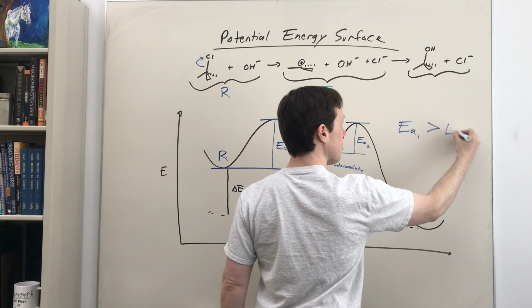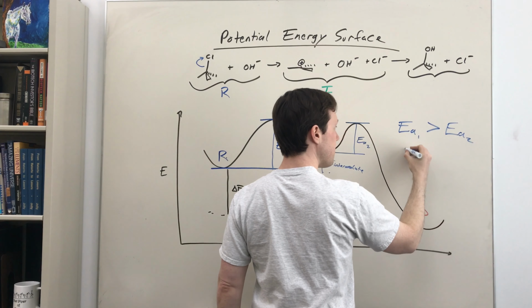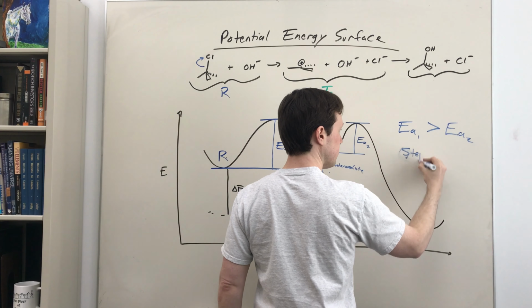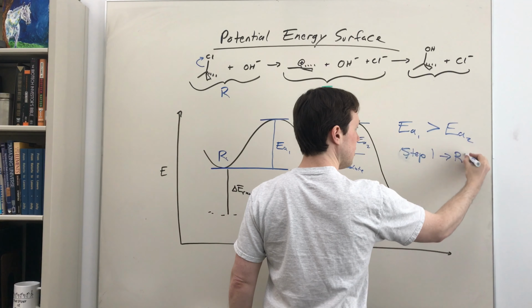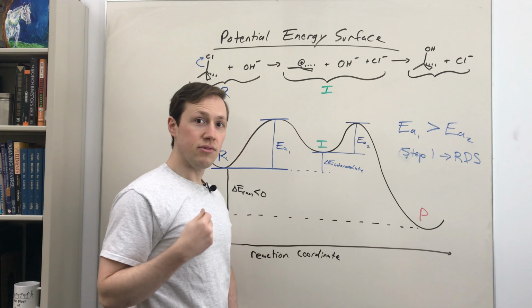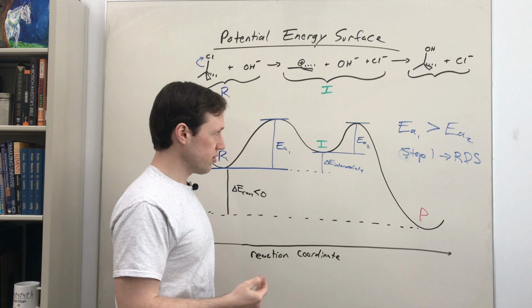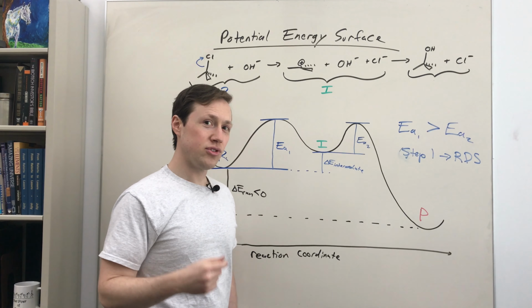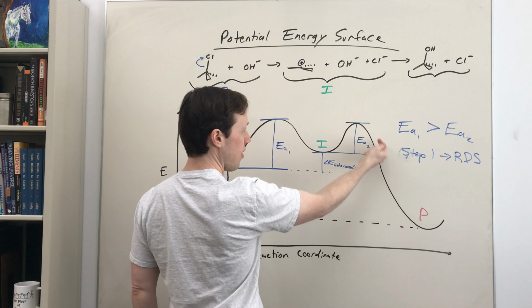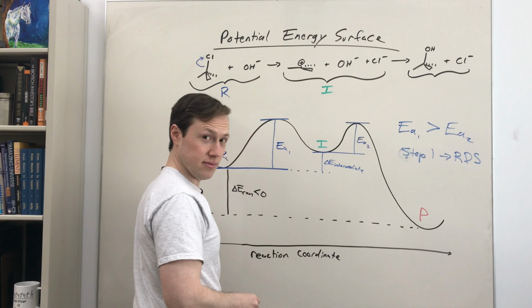So, in this case, Ea1 is greater than Ea2. So step 1 is the rate determining step. The reason that this reaction goes forwards is because if it were to try to go backwards, the products would have to climb backwards up this hill.